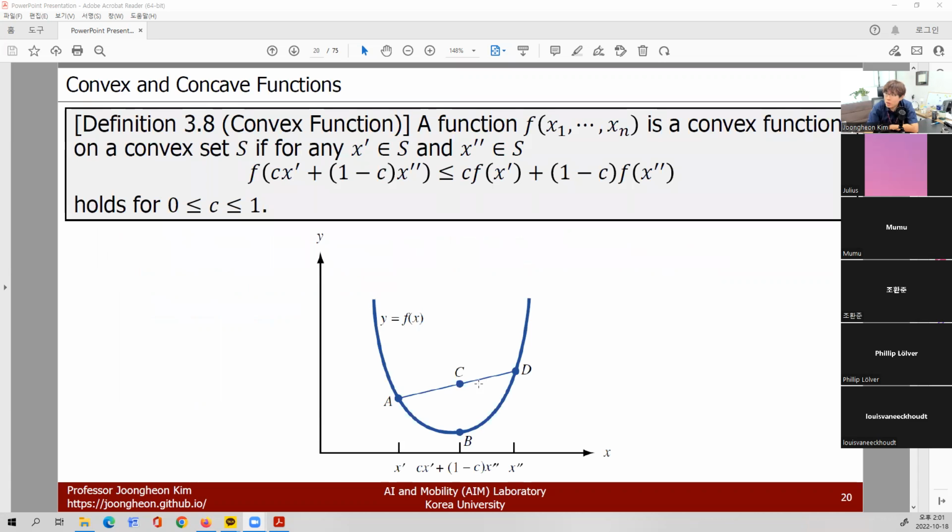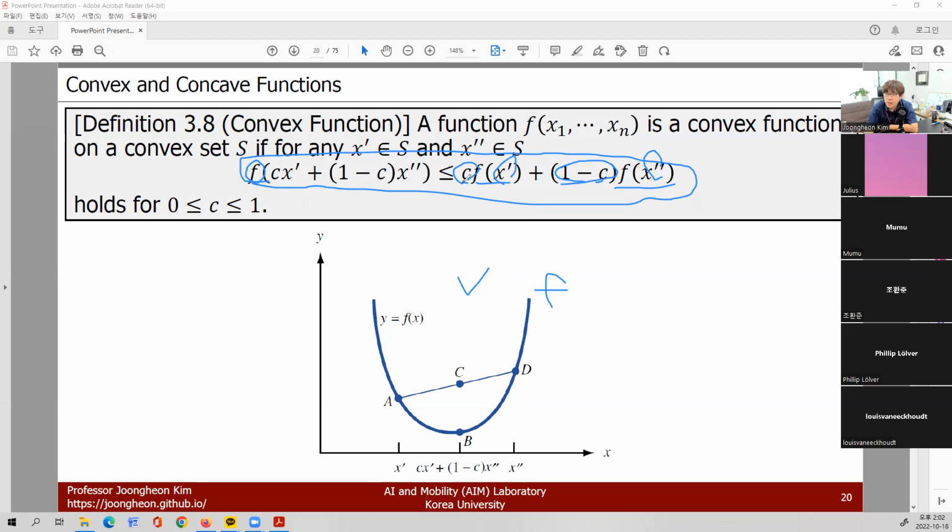When the graph looks like the one below, we say that this curve is convex. Then what is the formal definition of a convex function? When you have this kind of equation, then you have convex. You have the function f, and you have a constant value c, and you have c here and 1 minus c here, and any x values for f.